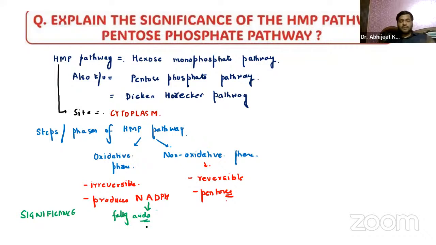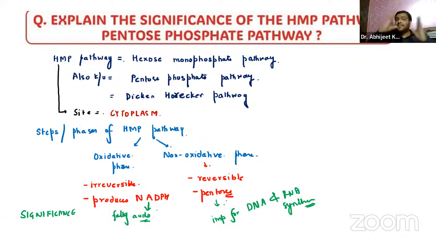The oxidative phase operates in the liver, adipose tissue, gonads, even the ovaries, and the lactating mammary glands especially, and the thyroid glands. These are the places where reductive biosynthesis of fatty acids takes place. I will be discussing all the significance, but these pentoses, remember, are important for DNA and RNA synthesis. This is one of the major significances of this pathway.